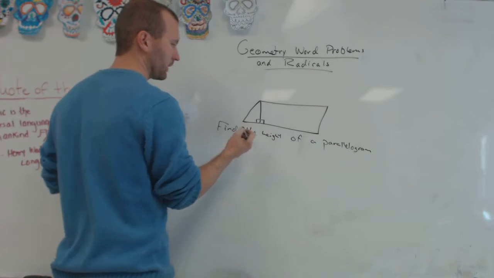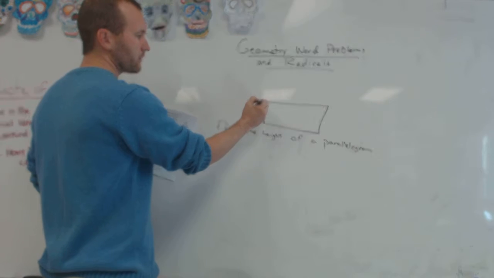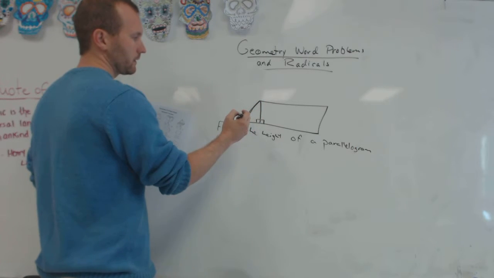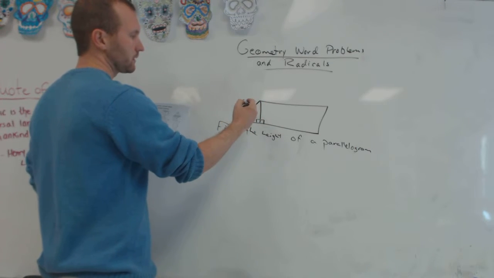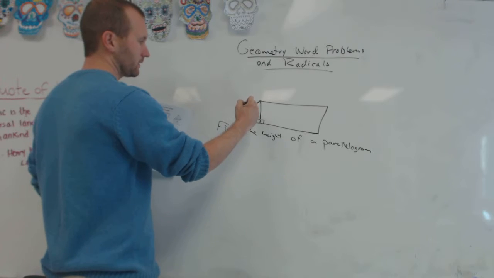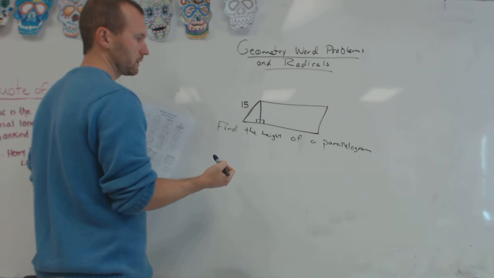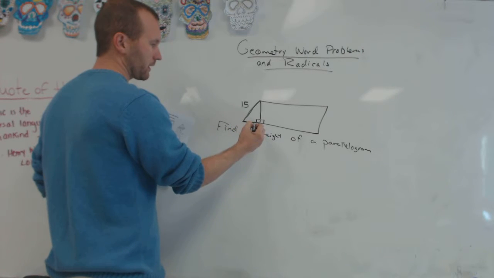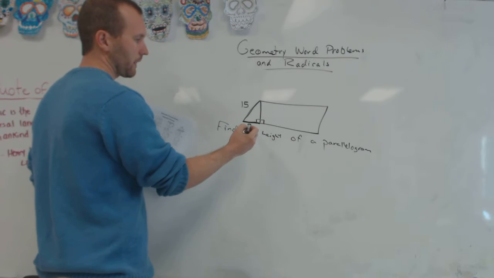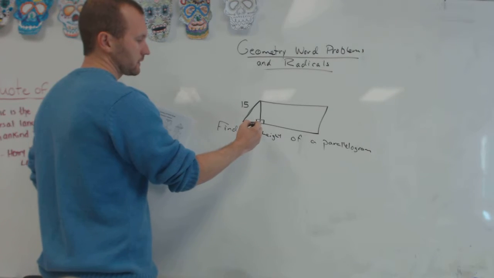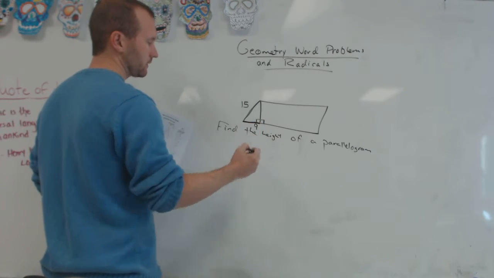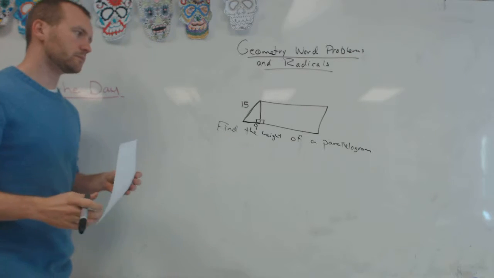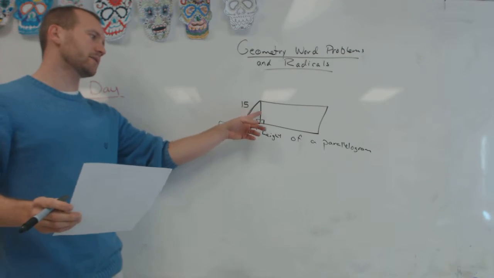Find the height of this parallelogram. Right, so let's say they gave you this side, and that side was 15. And then they gave you this part right here, and that part was 9. How would you find the height of this parallelogram?